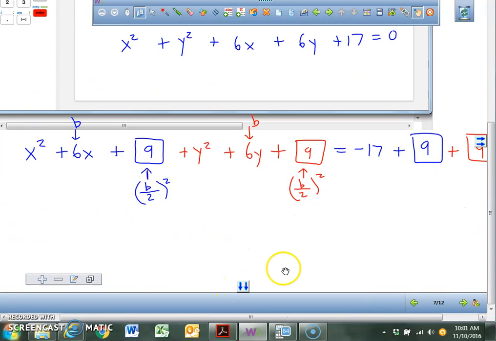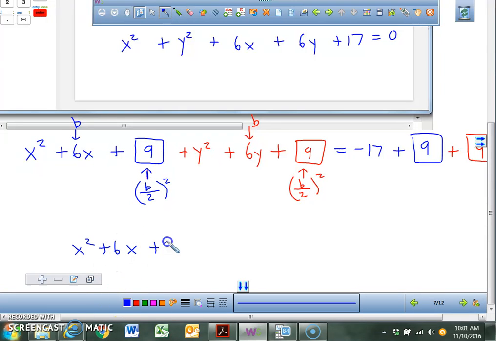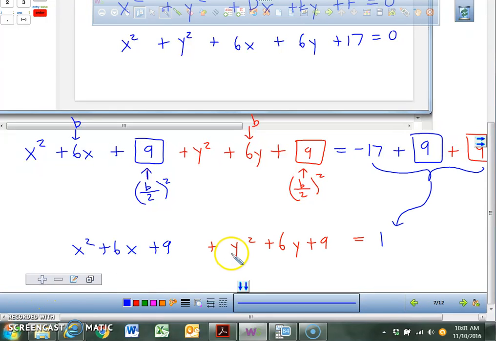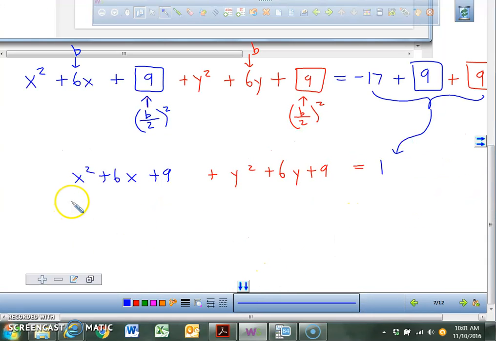Now we're almost done. We have x squared plus 6x plus 9 plus y squared plus 6y plus 9 equals 1. All of these add up to a 1. Now all we have to do is factor this and factor this and set it equal to 1.